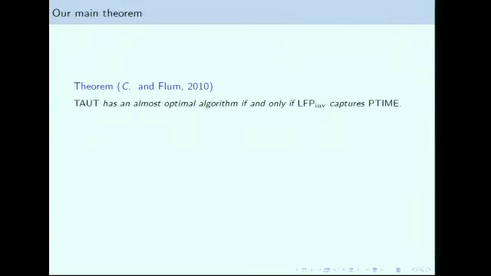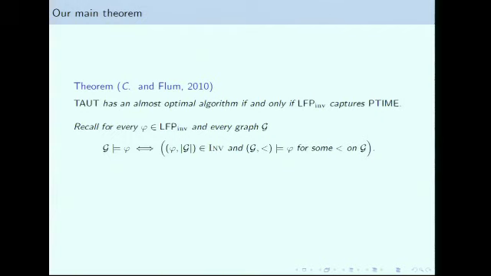So the main result of our theorem is that TAUT has an almost optimal algorithm if and only if LFP invariant captures P time. In light of the previous observation, we recall that for phi in LFP invariant, every graph G is a model of phi if and only if (phi, the size of G) is in this invariant relation, and G together with an ordering is a model of phi.